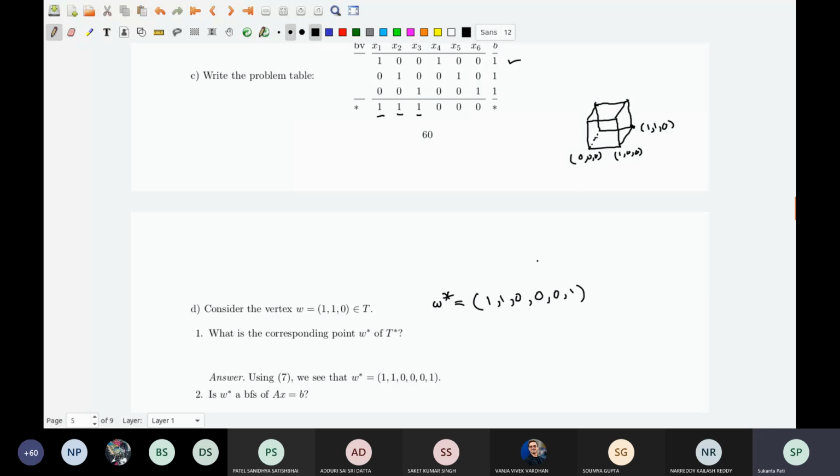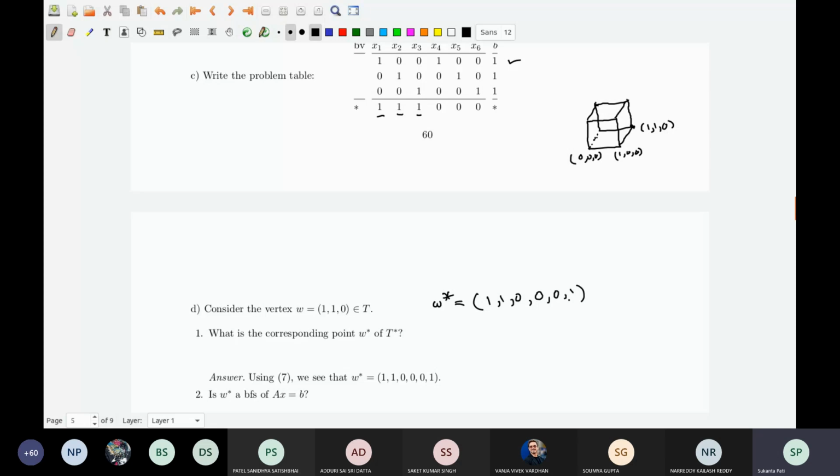But without using them, I can show this is a BFS, and this is from the definition. What I have to do? Now I say, are the entries greater than or equal to 0? Yes, greater than or equal to 0. Does it satisfy the SLPP equation? It satisfies the SLPP equation. What are the columns corresponding to the positive entries?